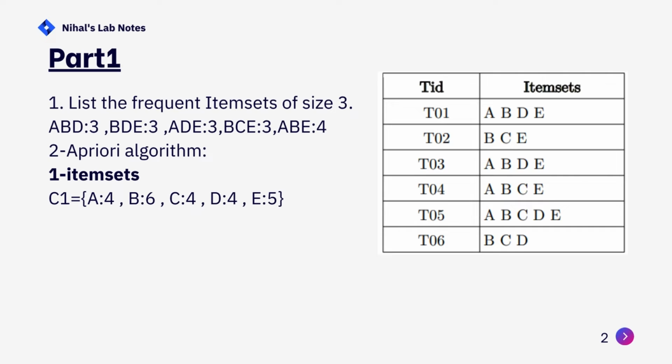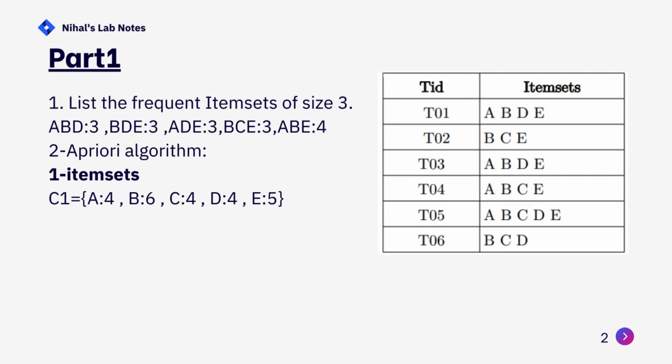Because it appears in T01, T03, T04, and T05. Now for B, it appears in T01, T02, T03, T04, T05, and T06. So its support is 6.